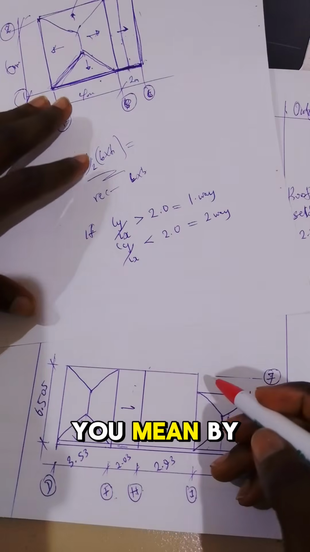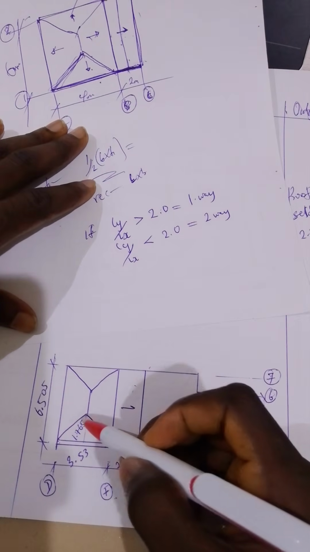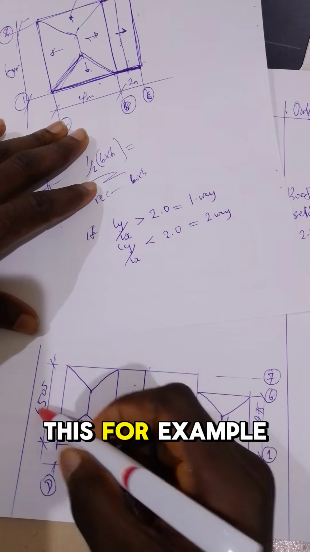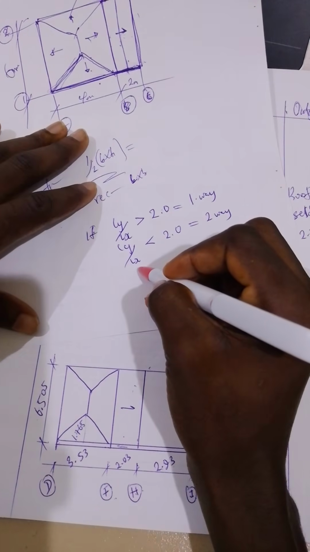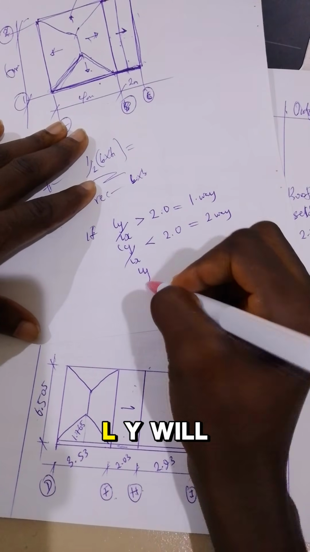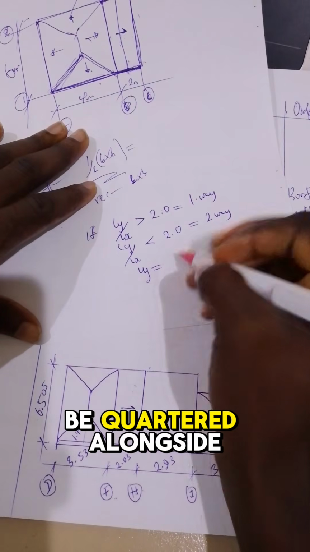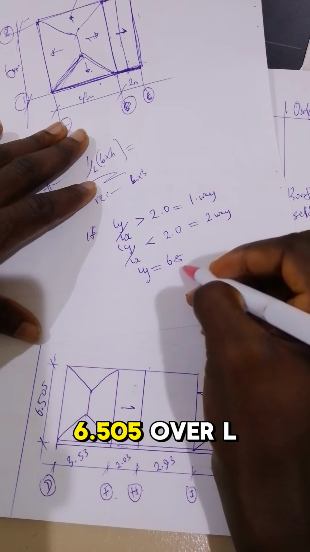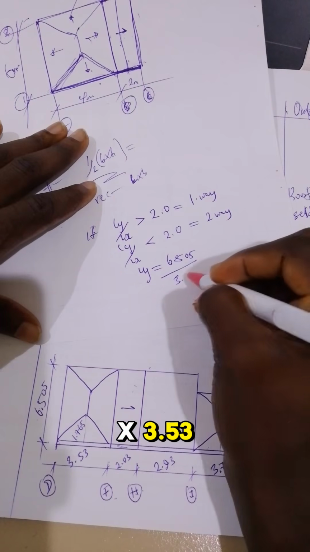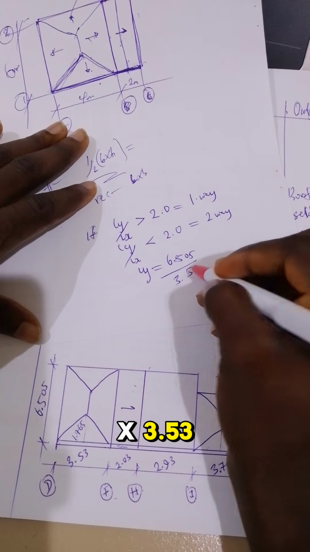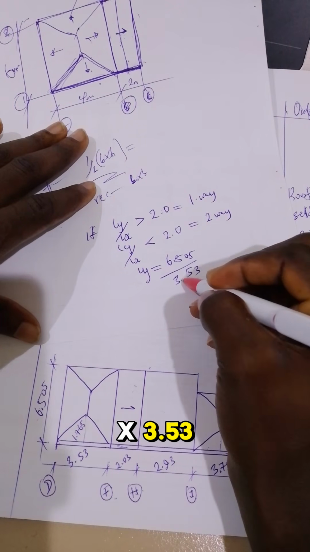So what do you mean by that? This, for example, that's a two-way spanning slab. Ly will be equal to the long side, 6.505, over Lx, 3.53.